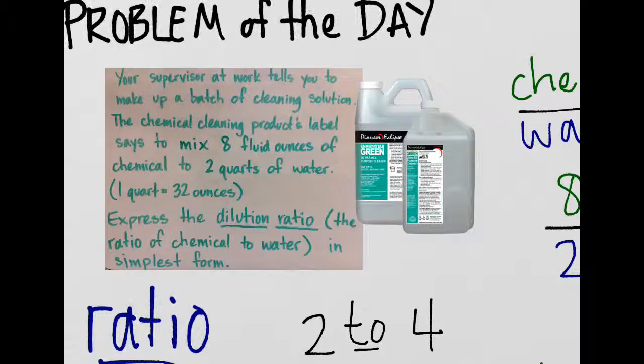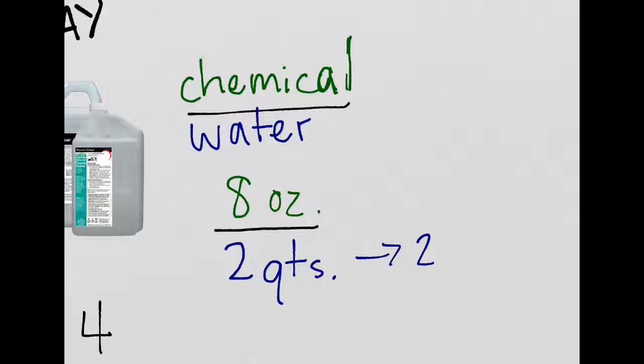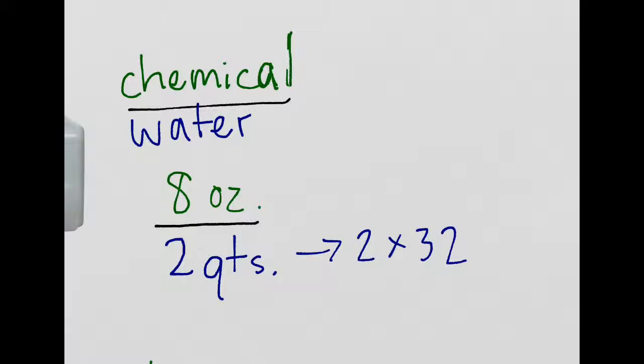So if 1 quart equals 32 ounces, then 2 quarts is going to equal 2 times 32 ounces. Because 1 quart is 32 ounces, 2 quarts is going to be 2 times that, and doing a quick little mental multiplication, that is going to give me 64 ounces.